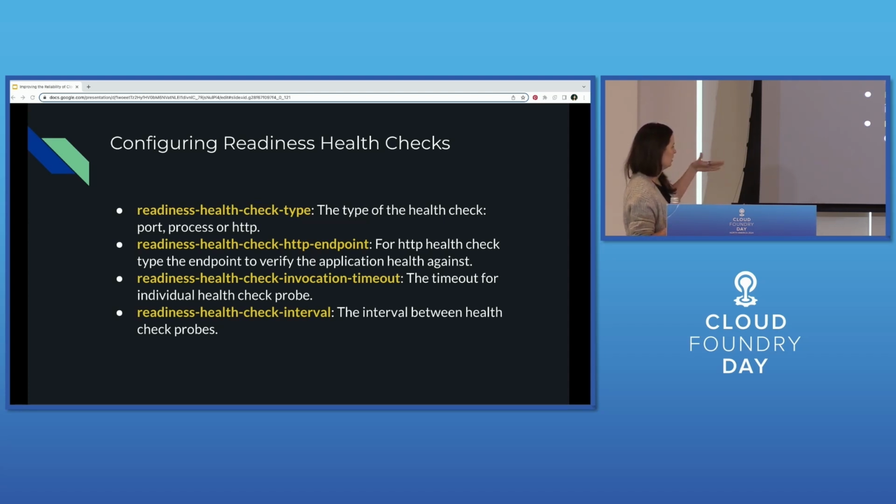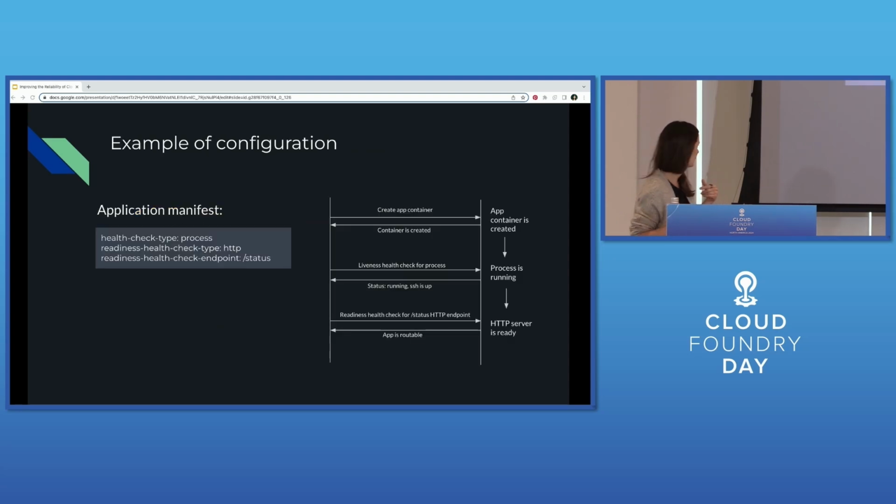And this is the timeout for each individual health check call, like for TCP connection timeout, for HTTP request timeout, and then the interval. And this is how you would put it in the manifest. You would have liveness health check type, and then you would specify readiness health check type and configuration. Like for HTTP, you can provide an endpoint.